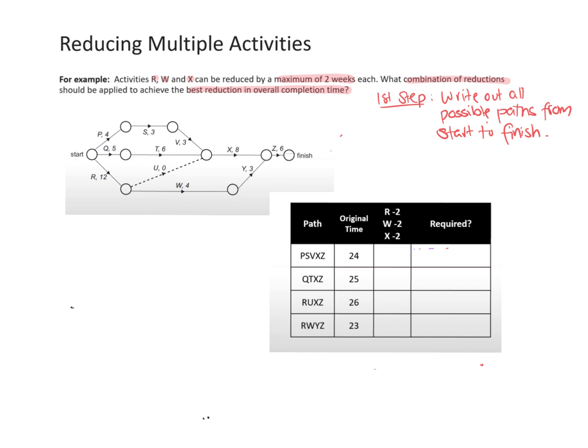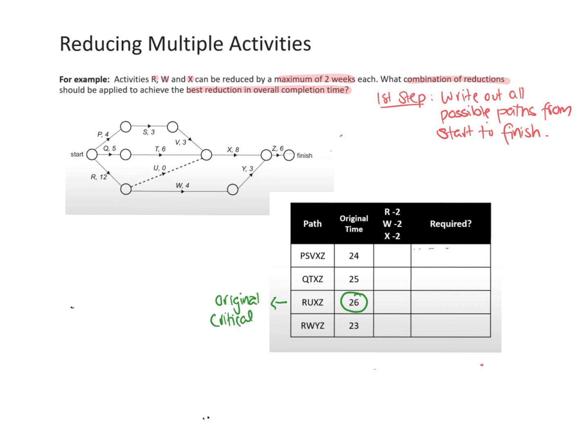So if we just looked at all that, what's our original earliest completion time? 26. We've got to take the biggest one, remember? So 26 is the critical path. So here, if you want to write that, in green is the original critical path.